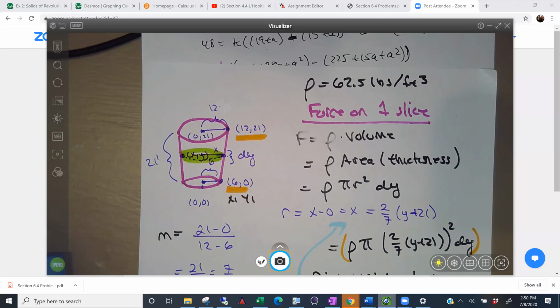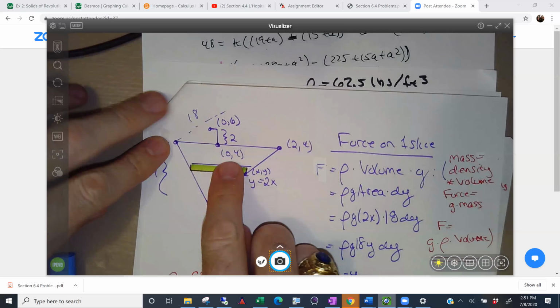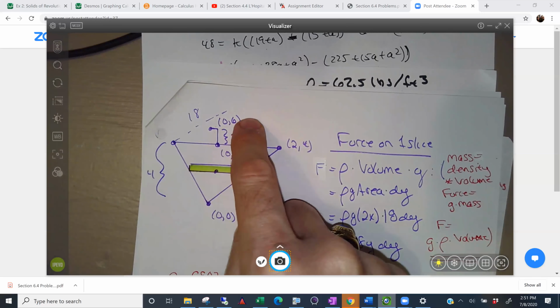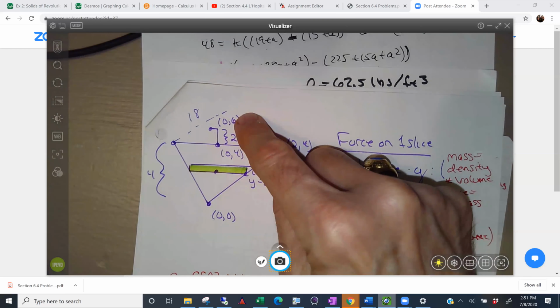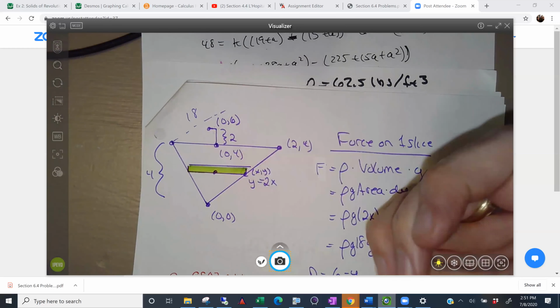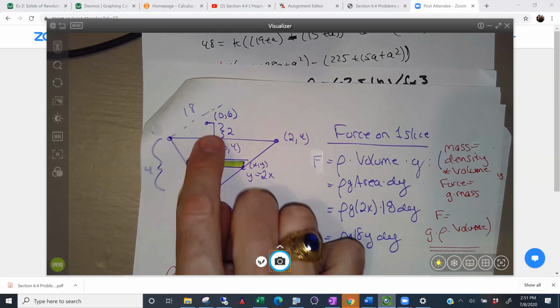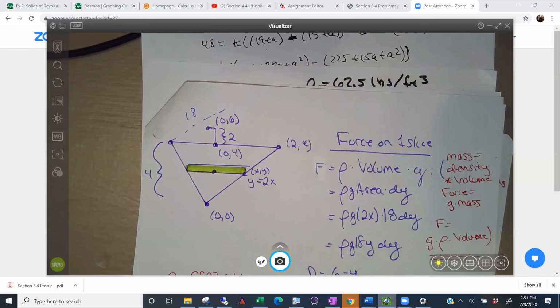It's the same force, you're just moving at a different distance. So when you have something that's not the height of the lid here, you just got to account for that extra distance. So in this case, it'd be 6 minus y, as opposed to 4 minus y for the top edge. That's going to mean a lot more work moving it that extra distance.